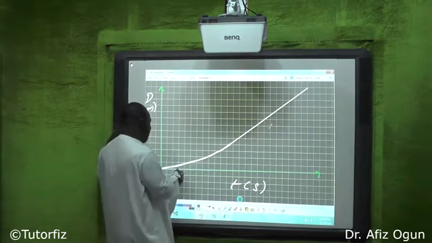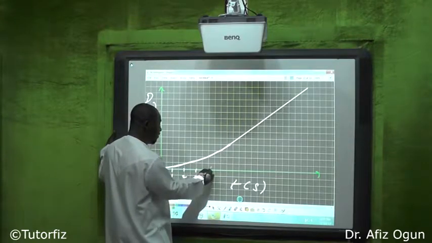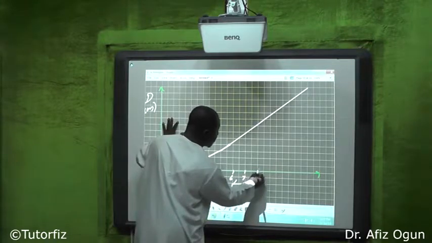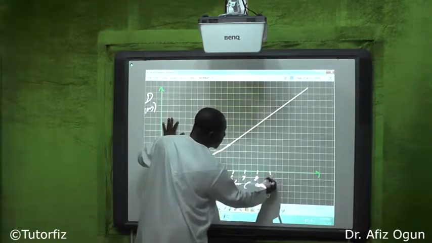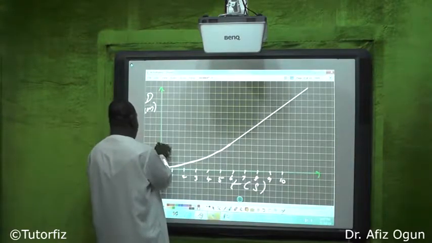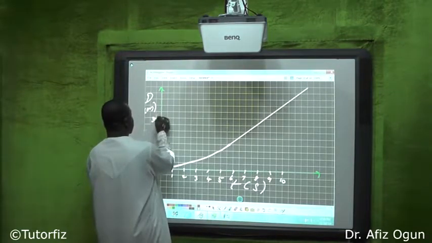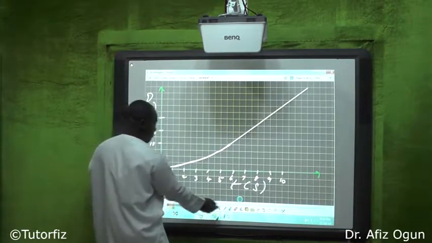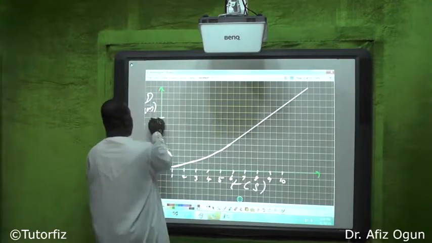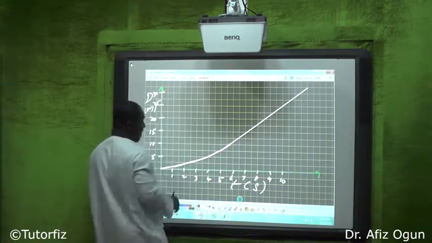These points, let's assume I have 1, 2, 3, 4 on the time axis, and 5, 10, 15, 20, 25, and 30 on the distance axis.